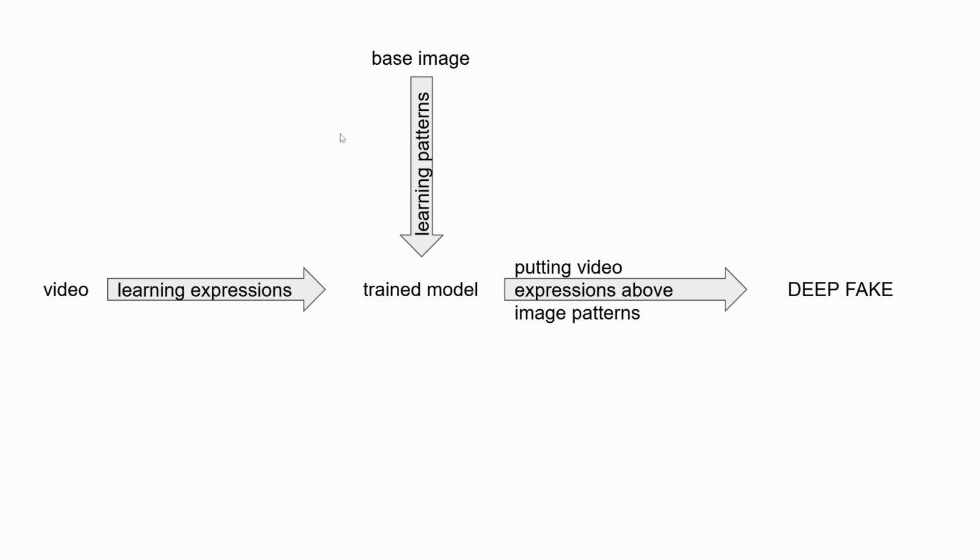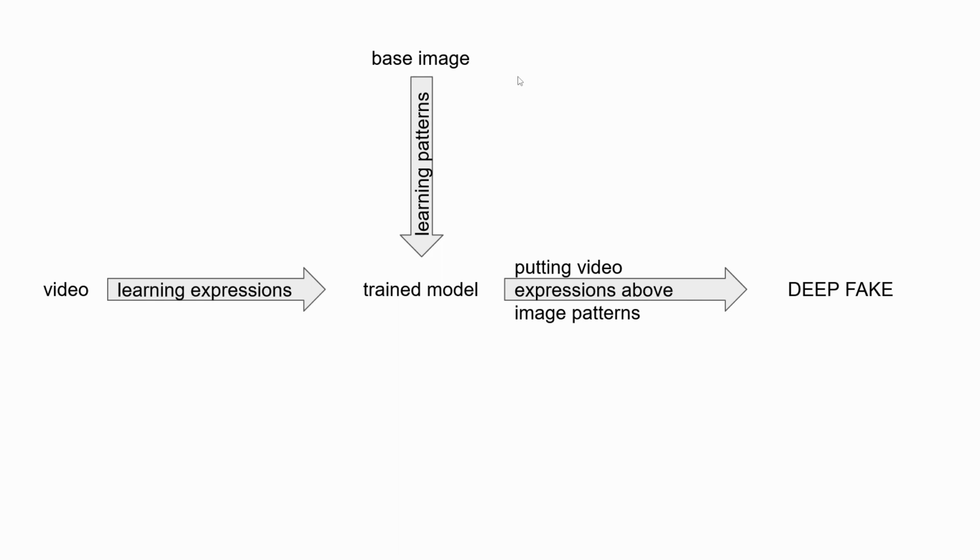And at the same time, it learns about the image. The image is my base image, where I use the video and put it over the image. So I put all the expressions learned from the video on the image, creating a video of the image. This image is my Mona Lisa image, and the model is also learning patterns of the image. Like, for example, how is the head?